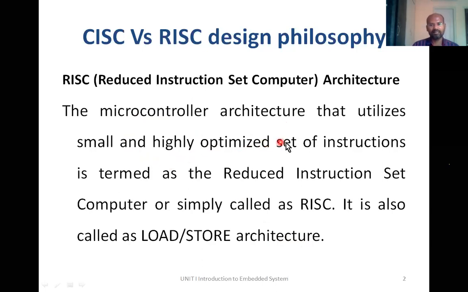It has instructions not more than 150 or so. It means there are no instructions here which are redundant, which is the case with CISC architecture. That is why it is called a highly optimized set of instructions. There is no instruction which is useless or less frequently used.